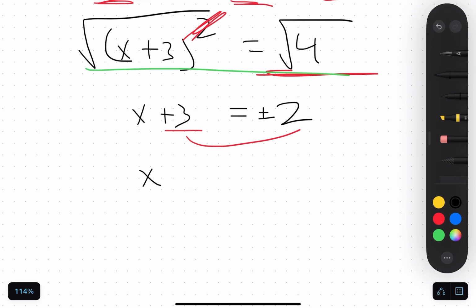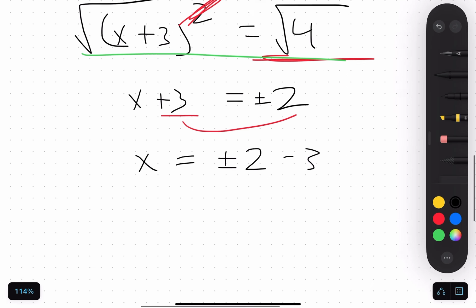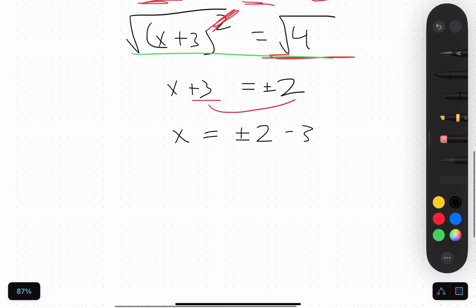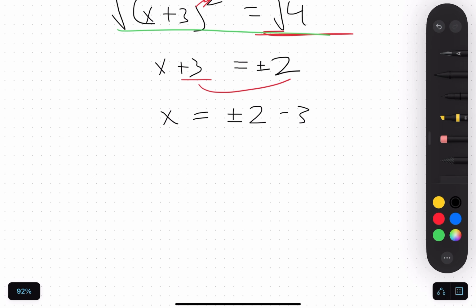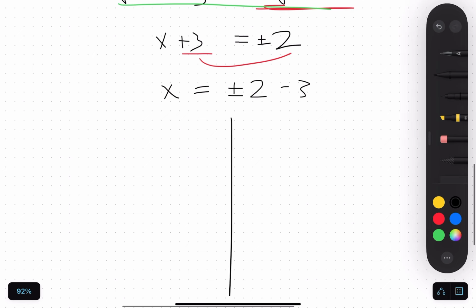This becomes x equals plus or minus 2, minus 3. When you say plus or minus, that means there are 2 possible outcomes, where the value is negative and where the value is positive. So we can split the solution into 2. We have x equals positive 2 minus 3, and x equals -2 minus 3.